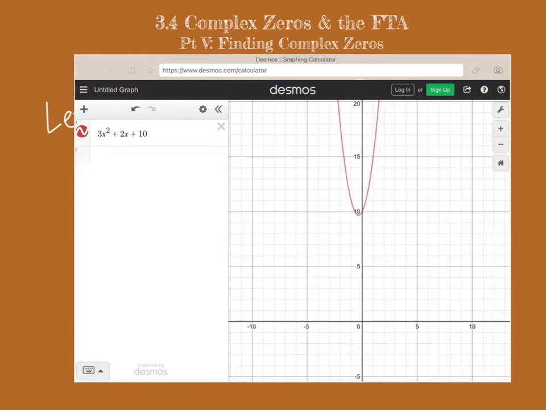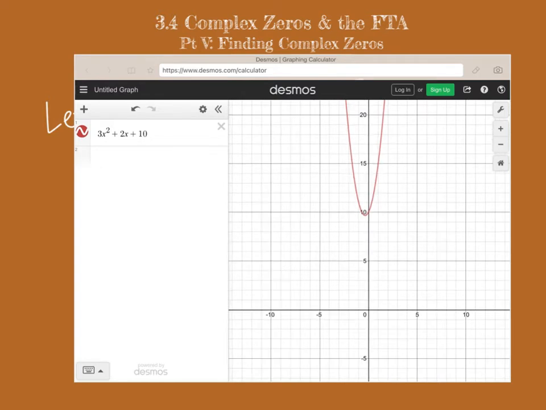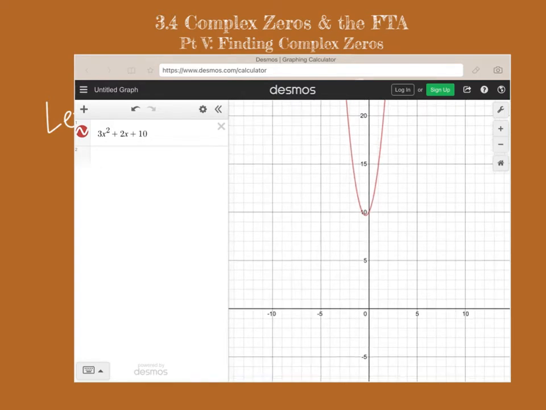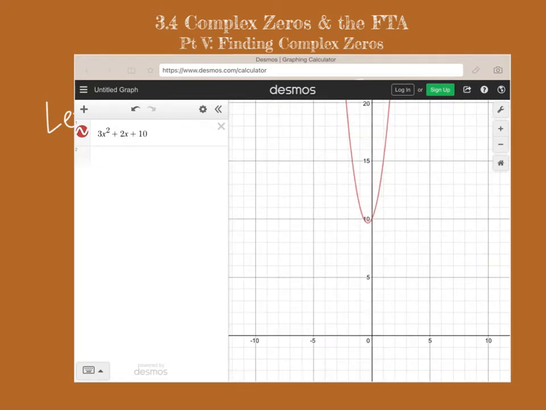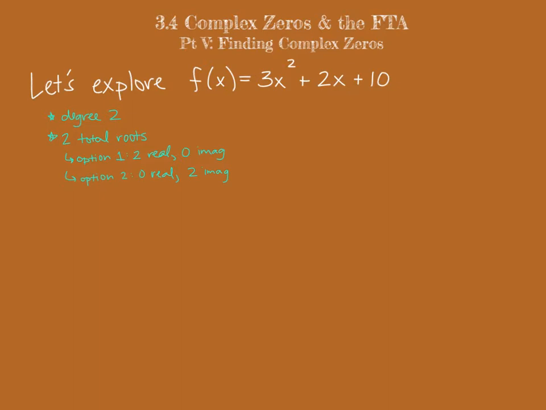We cannot find them by just looking at our graph and seeing where our parabola hits the x-axis. So instead, we'll use the quadratic formula, and we will have i in our final answer. What we've determined from the graph is that it's degree 2 and has 2 total roots, and they're both imaginary since no part of the parabola hits the x-axis, so no real roots.